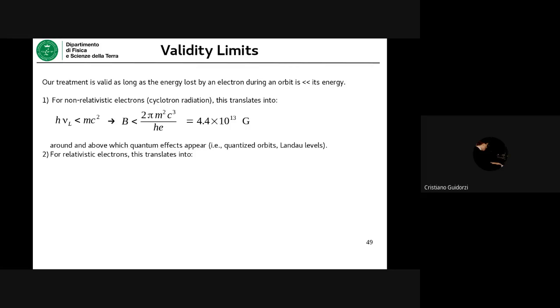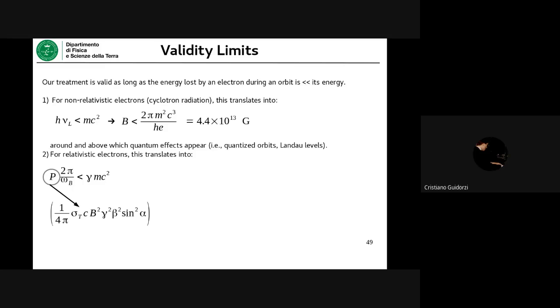Instead, in the case of synchrotron radiation, getting back to the relativistic case, you have to make sure that the power emitted during one orbit, so P, the total power of synchrotron radiation, times the period of one single orbit, which is just 2 pi over the gyration frequency, has to be smaller than the total energy of the electron, which is of course gamma times its rest energy.